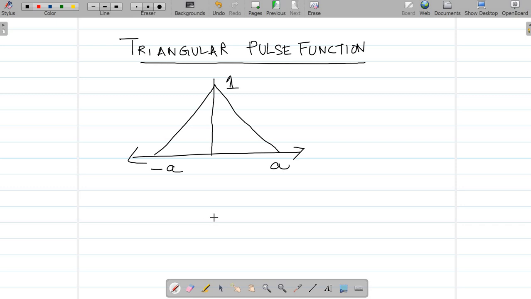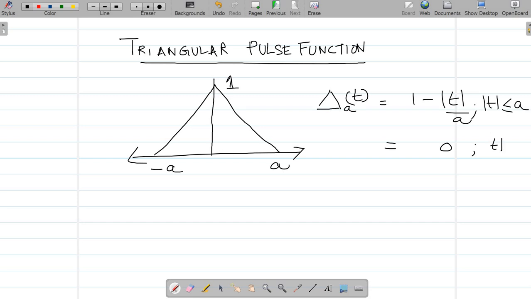The mathematical expression for this is triangular a of t equal to 1 minus magnitude of t divided by a, for magnitude of t less than or equal to a, or 0 for magnitude of t greater than a.